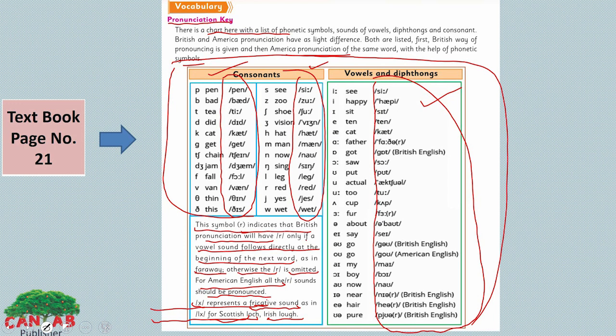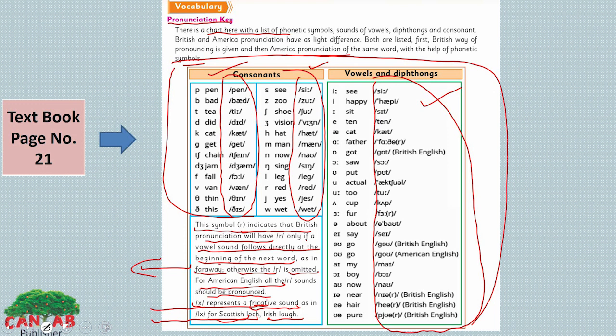Here in British English, if a vowel sound follows directly at the beginning of the next word, as in far away, we will pronounce the R. Otherwise, in most British words, the R is silent. But in American English, the R should be pronounced.